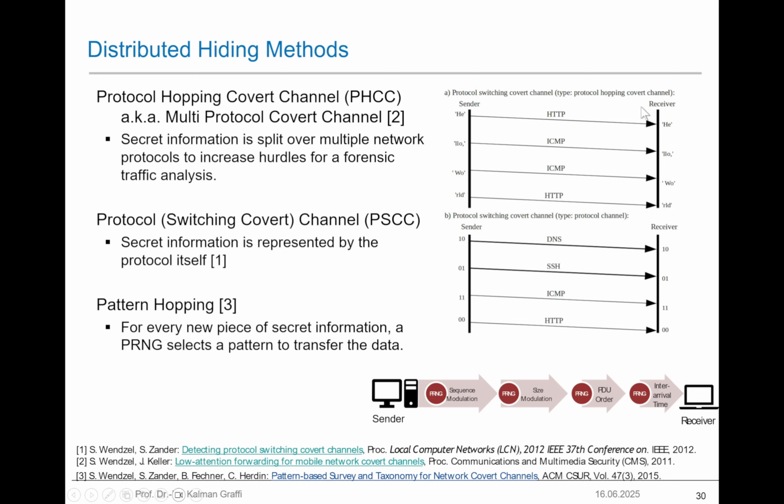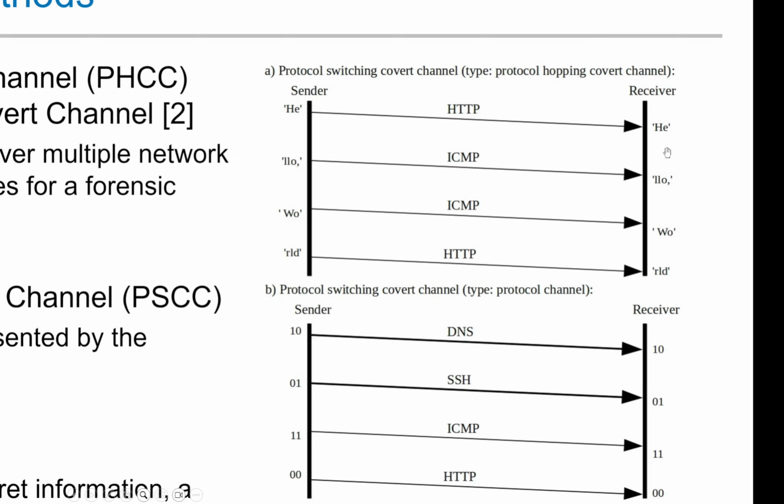So let's say you have some HTTP protocol where you send one part of the information, then you have some ICMP protocol which embeds some other information, so that you split it among various protocols, on the assumption that if there's a strong focus on one kind of protocol, HTTP for example, then they get only a fraction of the data that you wanted to send and not all of it. And it's more difficult to identify that there's some kind of pattern going on.